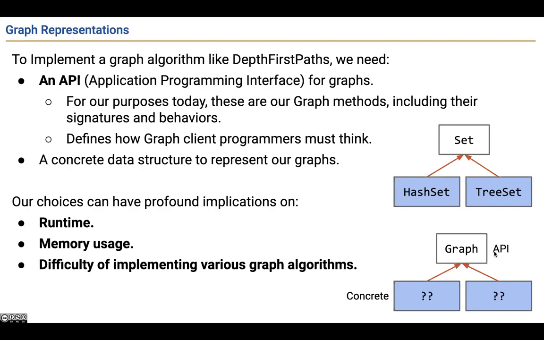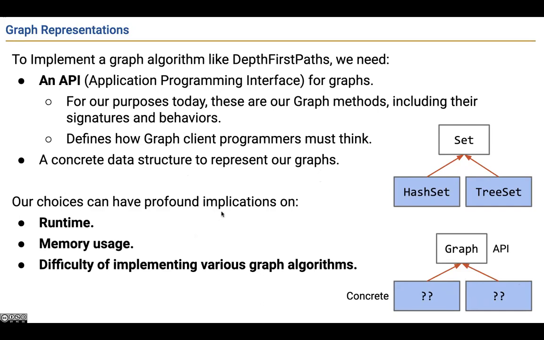And then after we figure out what we give to our users, the interface, then we have to figure out what's the actual implementation. So what data structures do we actually use as programmers to write the graph class and to give the users the methods that we decided we wanted to give them?